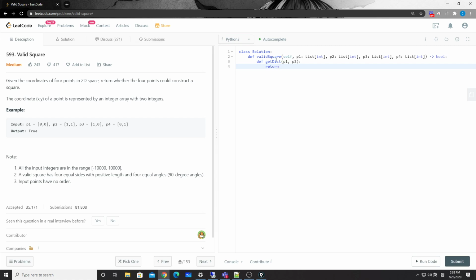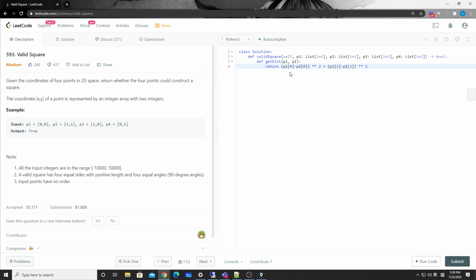So we simply return P1 dot 0, that's the x coordinate, minus P2 dot 0, and we do a square of that. Same thing for P1 dot 1 minus P2 dot 1, and we do another square.